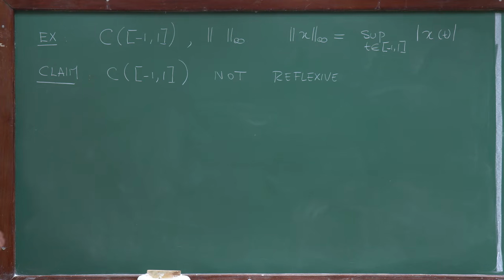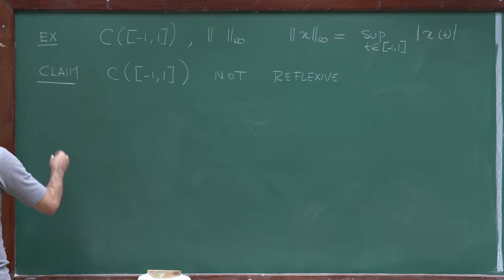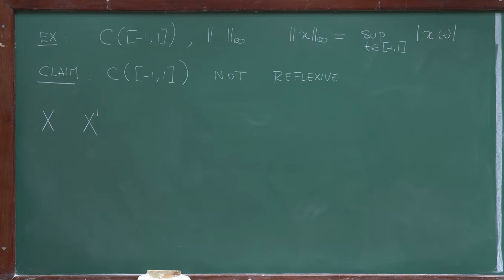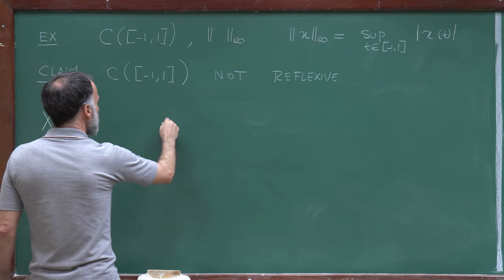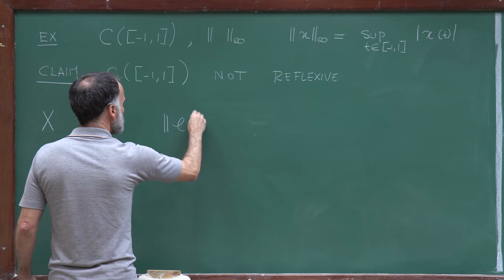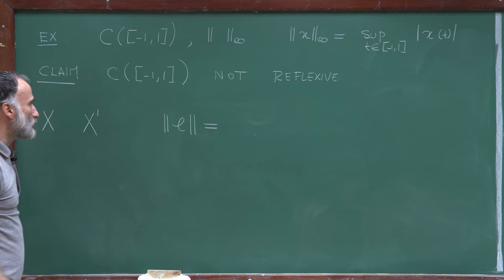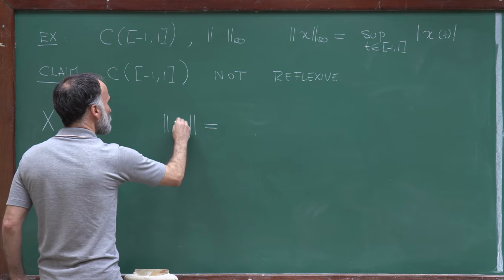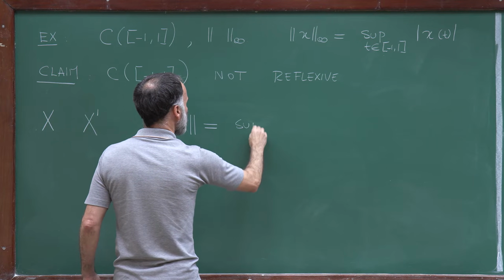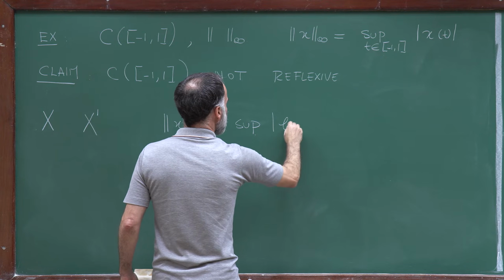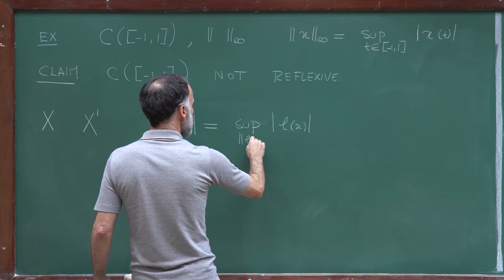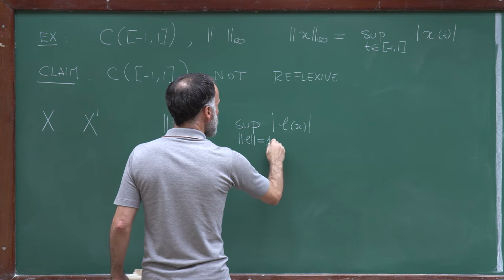The proof of this fact will be based on the following observation. Remember, if I have a space X and its dual X prime, I can represent the norm of x as a supremum of |Lx|, in which this supremum is taken over all linear functionals whose norm is equal to 1.